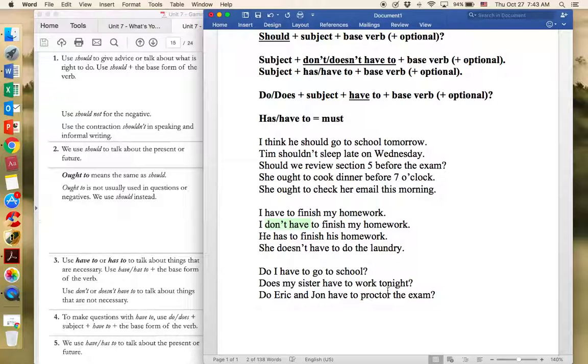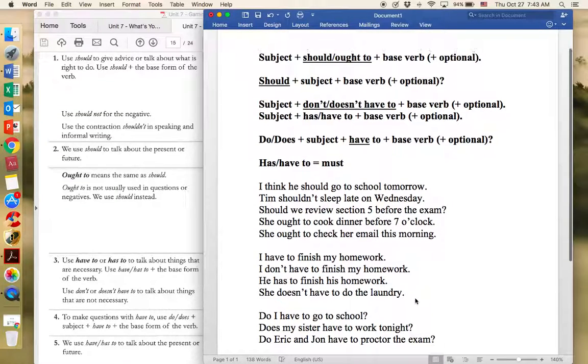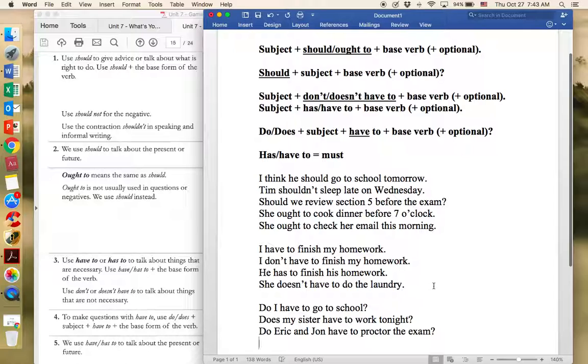It's obligatory. We absolutely have no choice in doing this thing. Okay? Over here we see we use have and has to talk about the present or future. We're not talking about the past with have and has to. Okay? And so those are our basic rules for using these modals of advice and necessity.